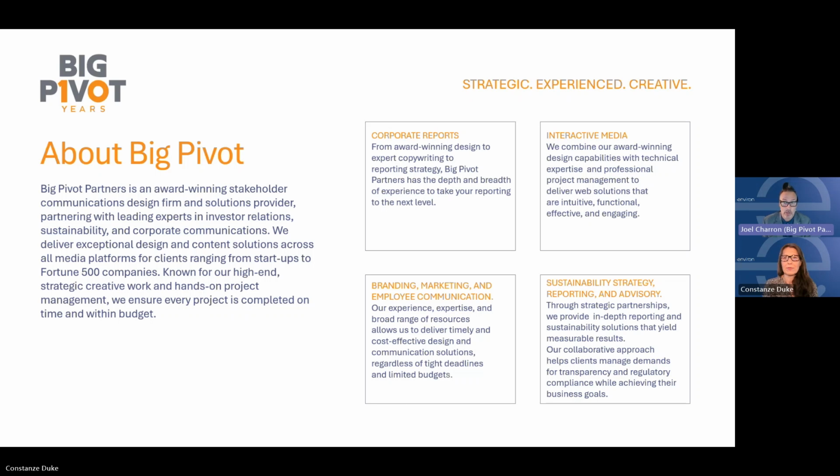We've got a proven track record providing cost-effective solutions with detailed project management, supporting companies of all sizes, ranging from startups to the Fortune 500. And as you can see on this slide, corporate reports, interactive branding, and also sustainability solutions to meet all your needs. So, all right, you can go to the next one.